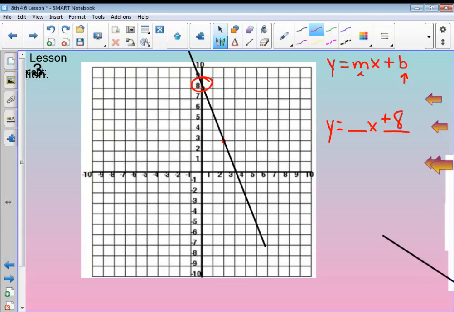So our rise and our run. Our rise is 1, 2, 3, 4, 5. Our run is 1, 2. And once again, I have to pay attention that that is going down from left to right. So that is a -5/2. So final answer is y equals -5/2 x plus 8.